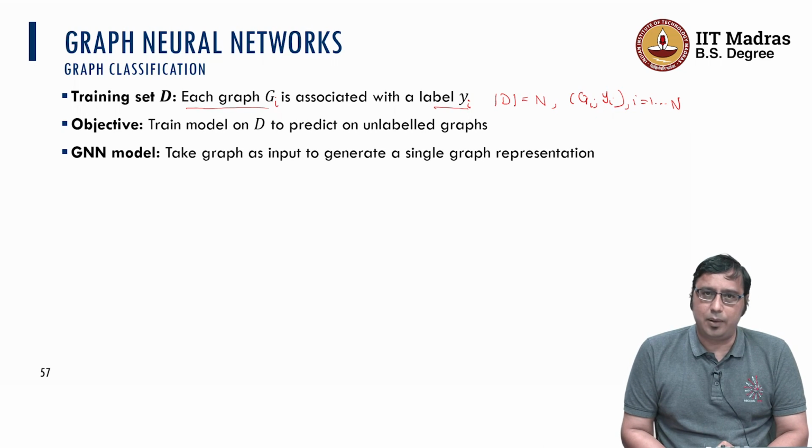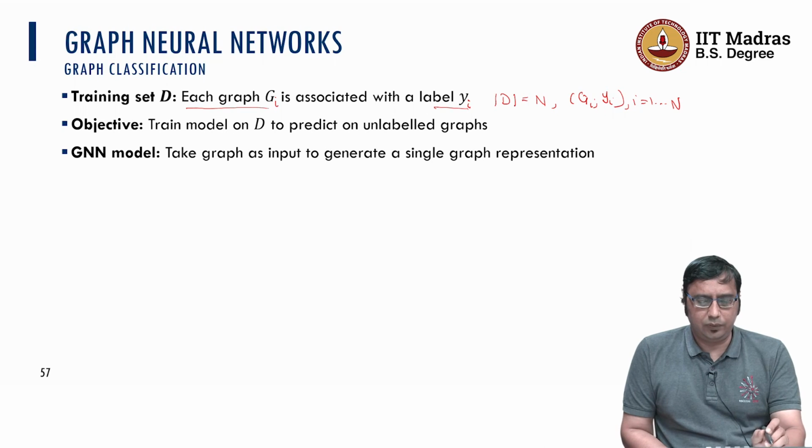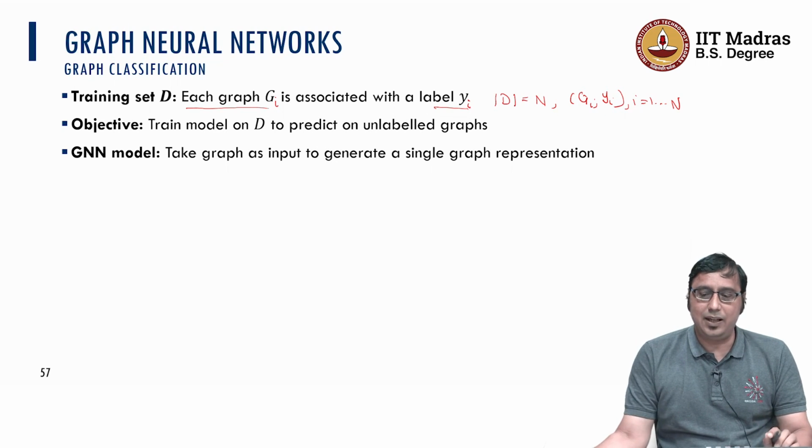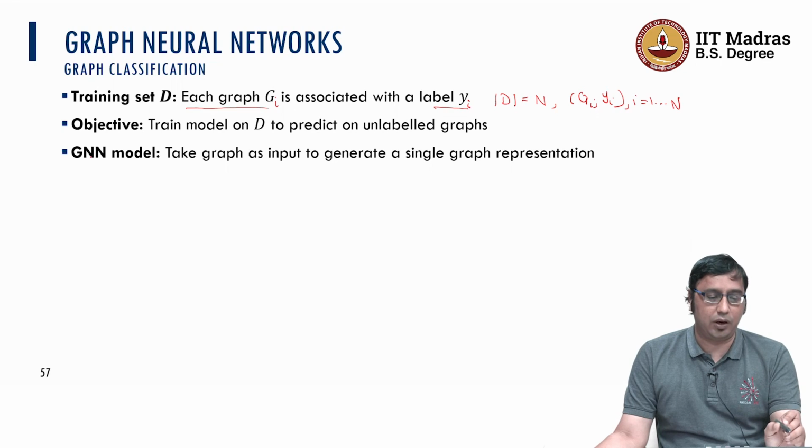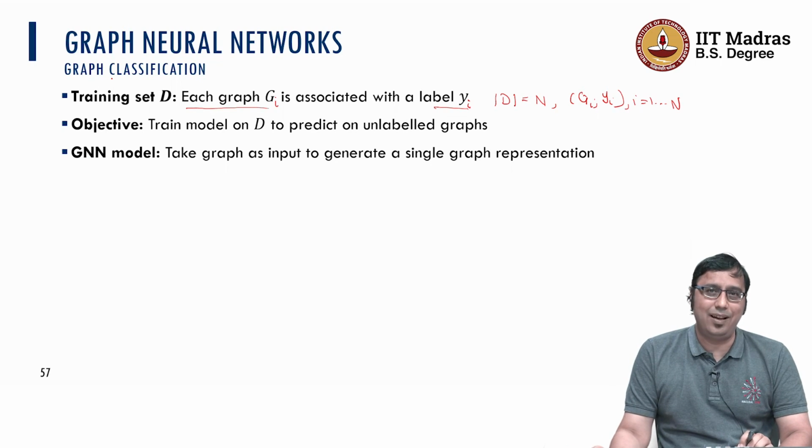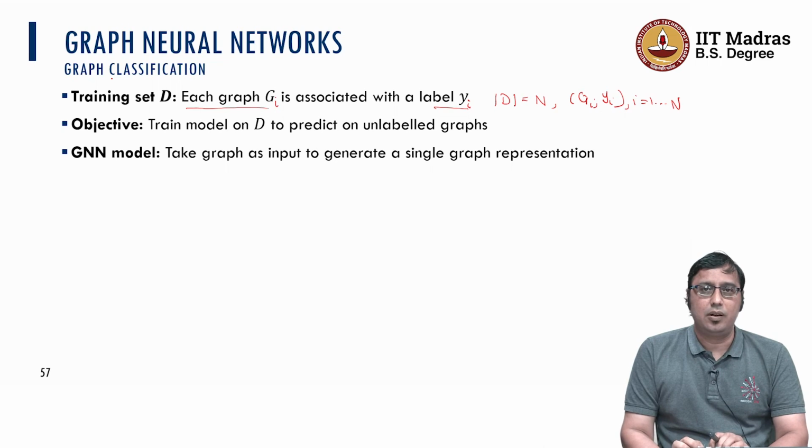In the GNN model here, we take a graph as the input to generate a single graph representation. Remember that in a GNN model for graph classification, we have to generate a single feature vector, or a single graph representation, for each graph.